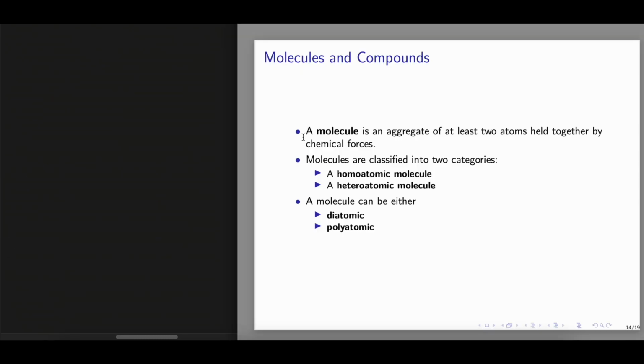Now let's consider molecules and compounds. A molecule is an aggregate of at least 2 atoms. So a molecule is composed of at least 2 atoms or more.